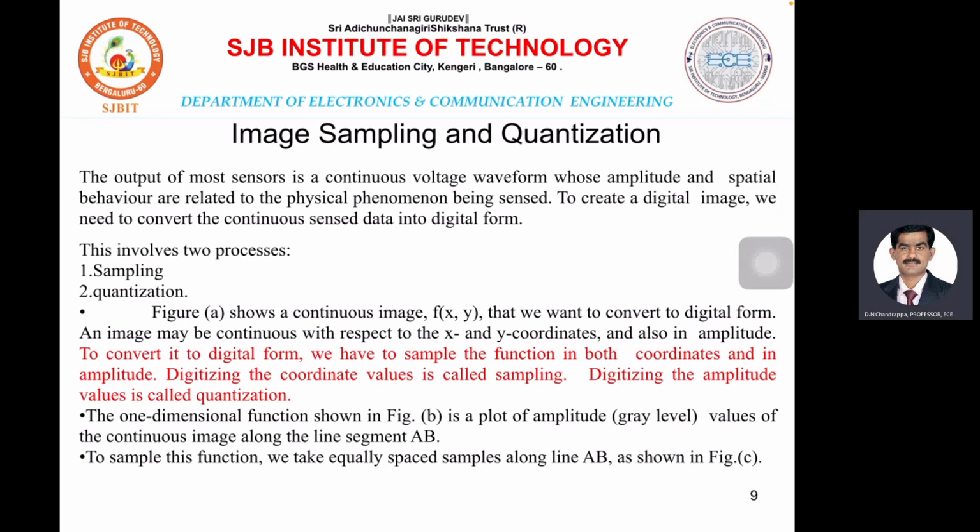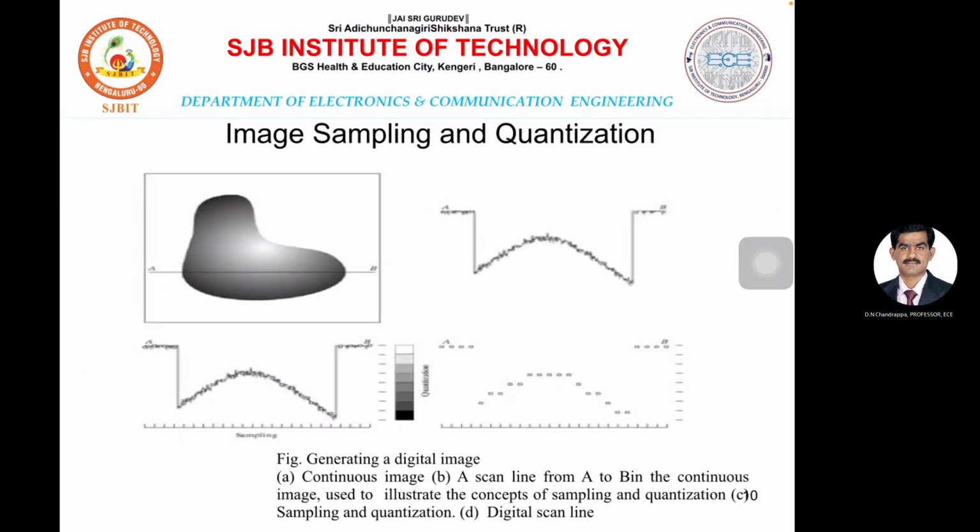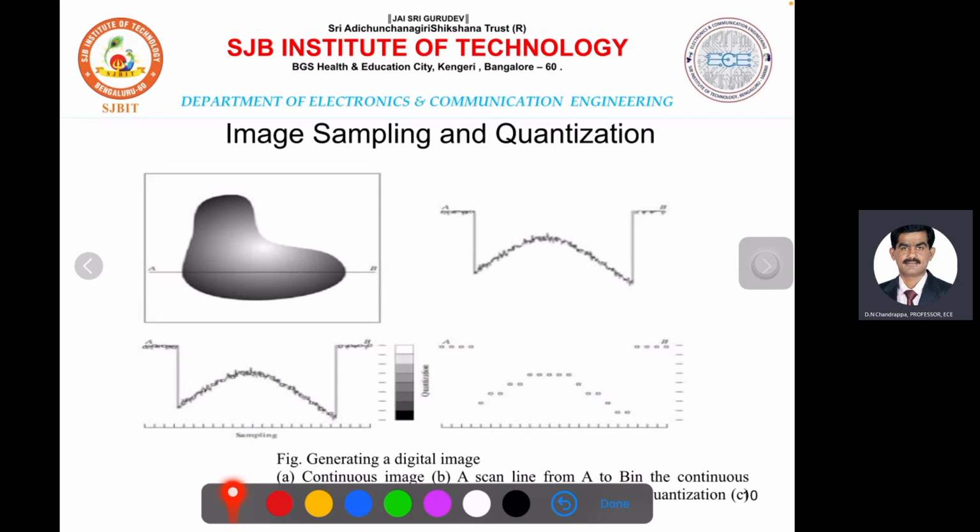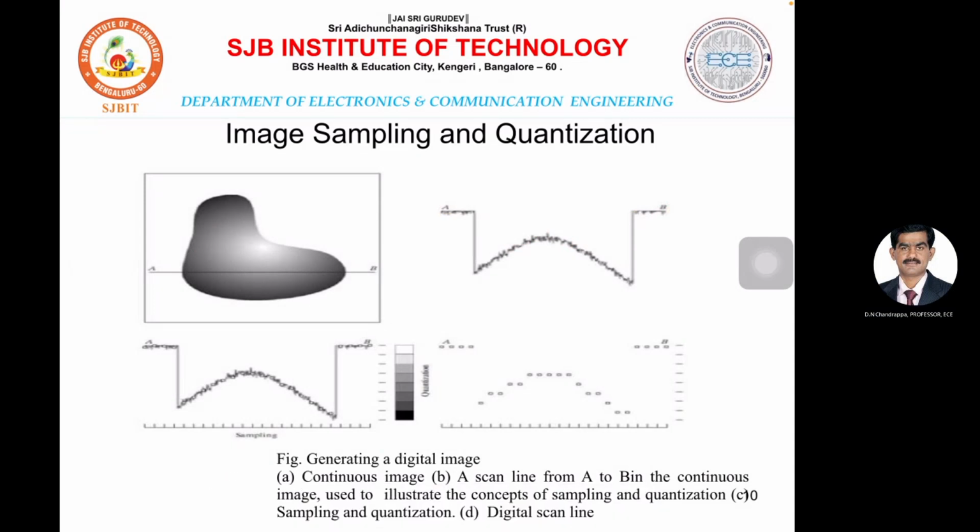Now I will consider an image. The first one is a continuous image. See here, this is the continuous image. And between A and B, there is a discrete scan line from A to B. Then sampling and quantization.